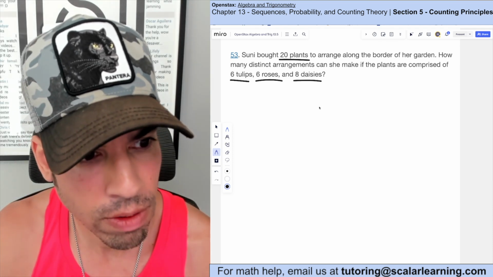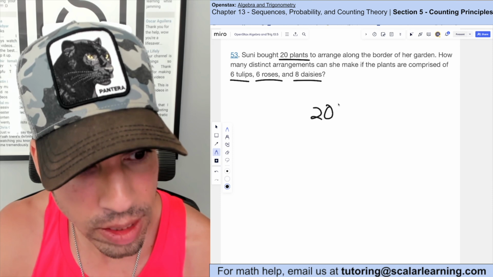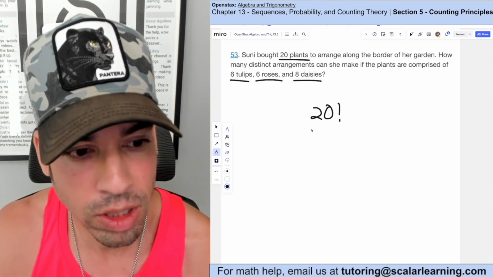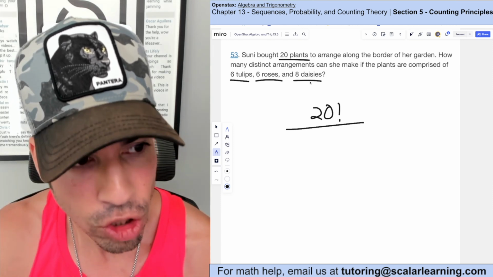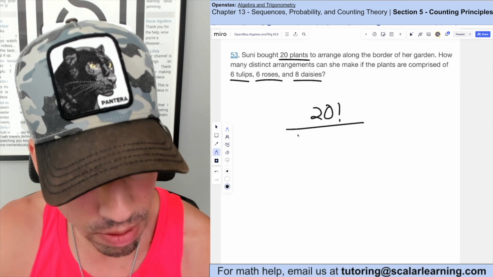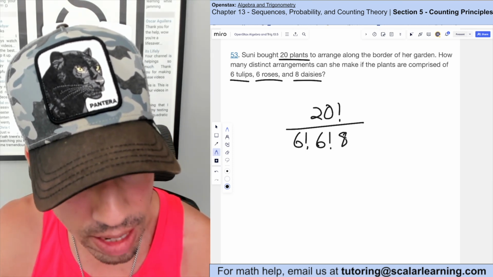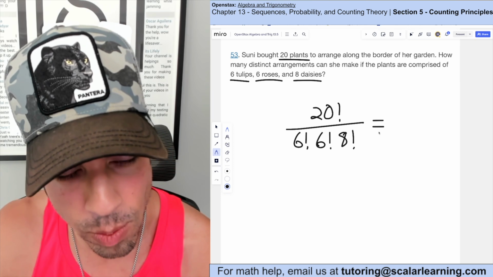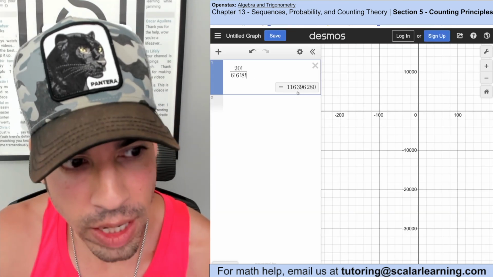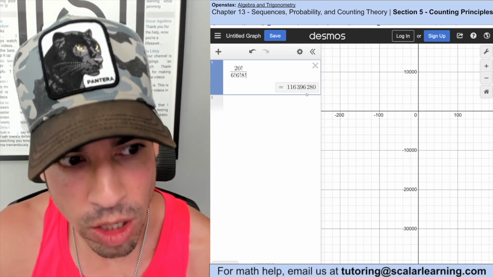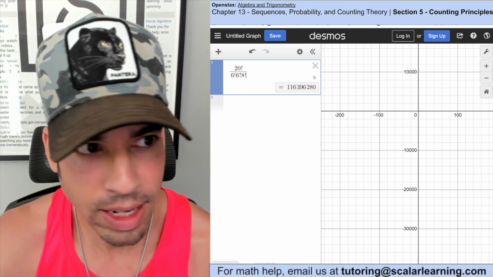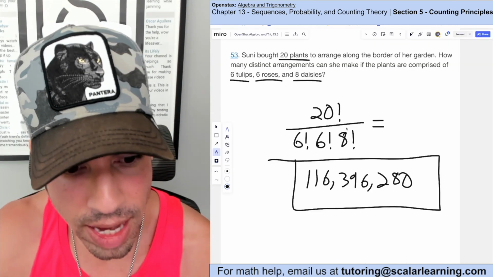We're going to start off with 20 factorial, in terms of all the different types of arrangements. But then to account for the repetition, we've got to divide by 6 factorial for the tulips, 6 factorial for the roses, and 8 factorial for the daisies. Let's see what this is in Desmos. So here's our answer, 116,396,280. So that's the final answer. That's how you do it.